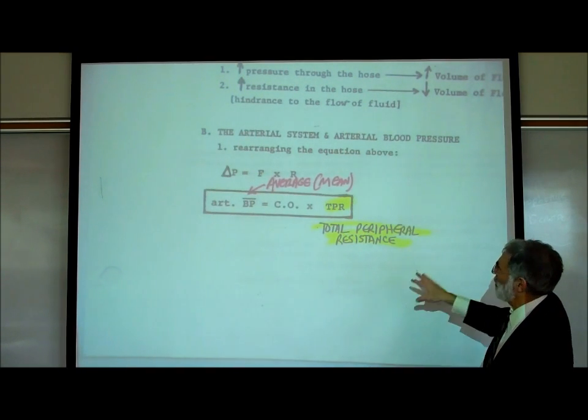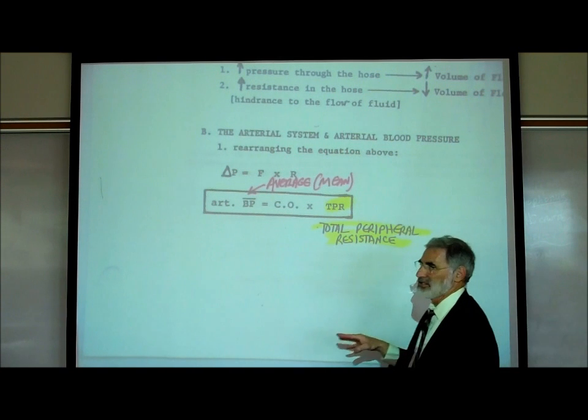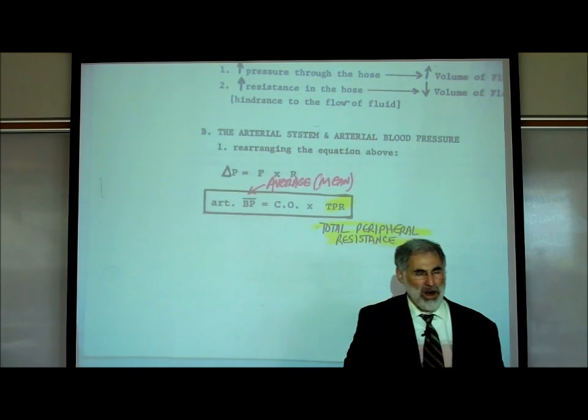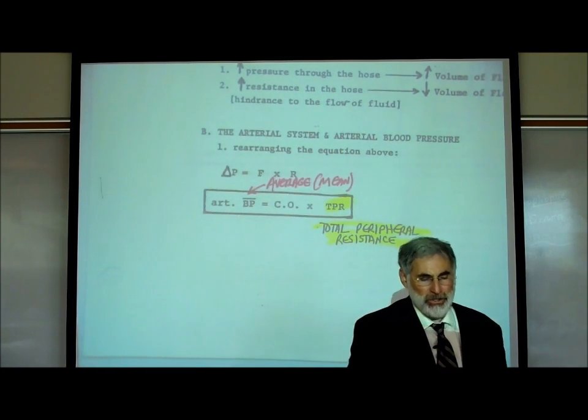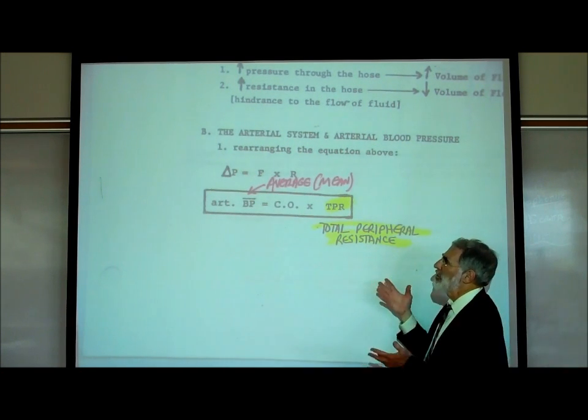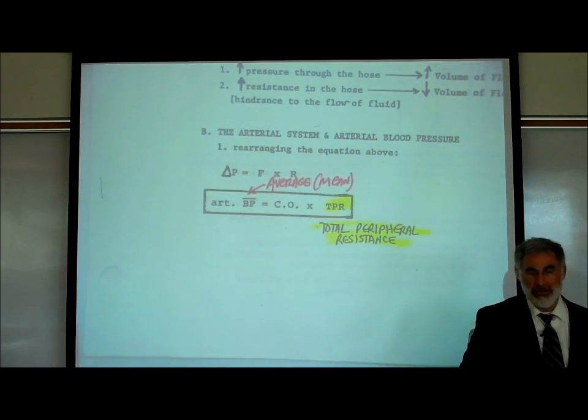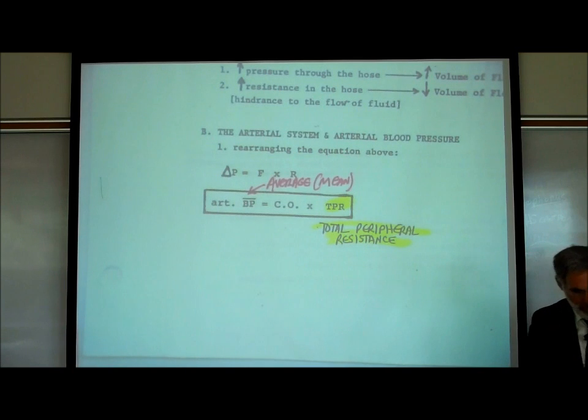TPR stands for total peripheral resistance, and TPR is whatever factors hinder the flow of blood through the pipes or vessels of the body.